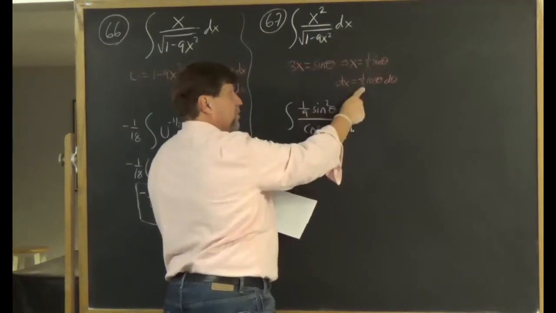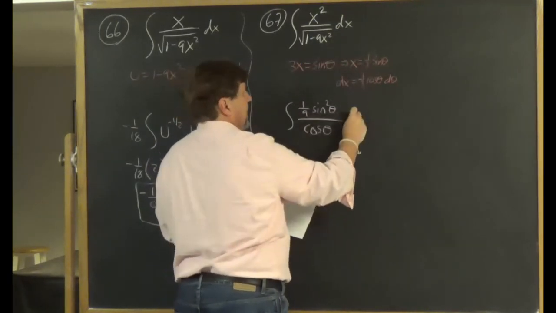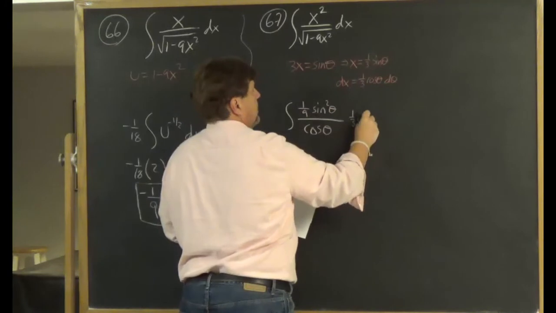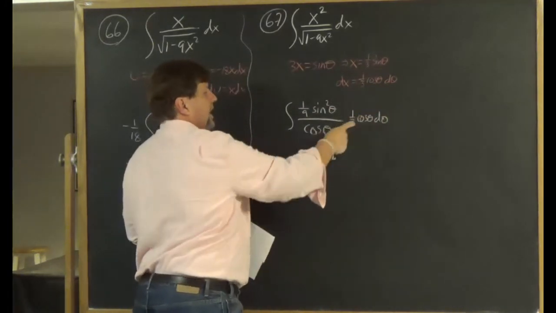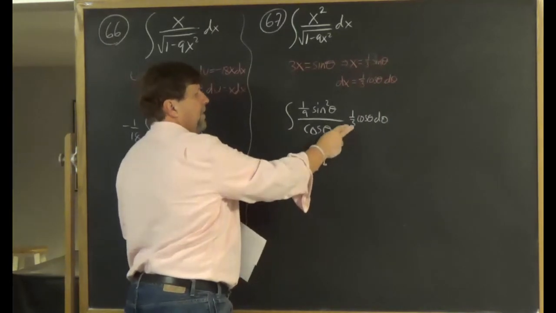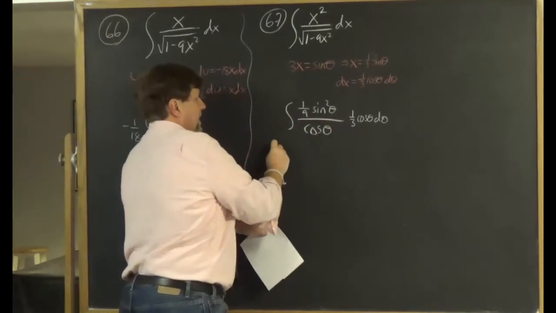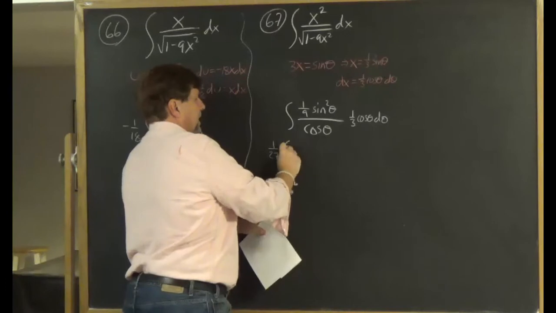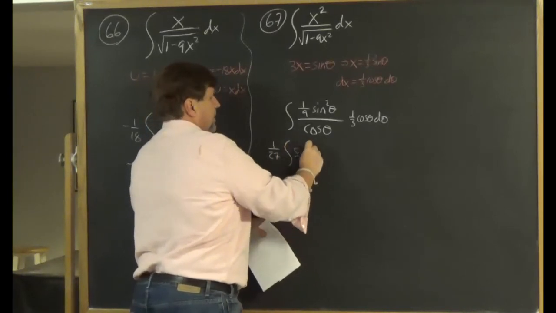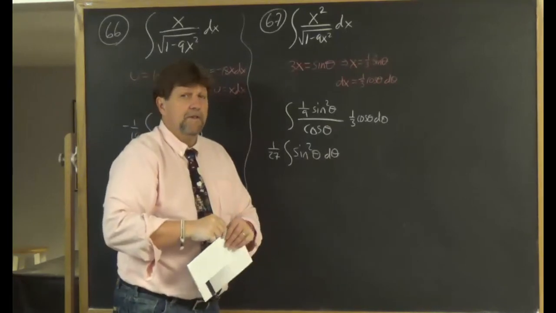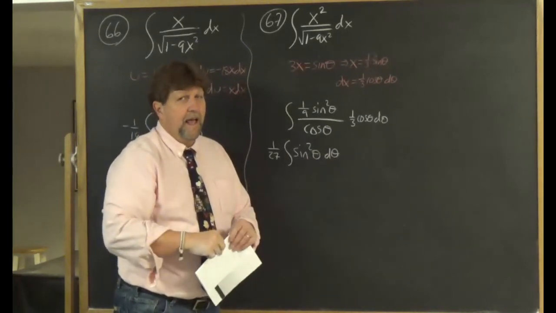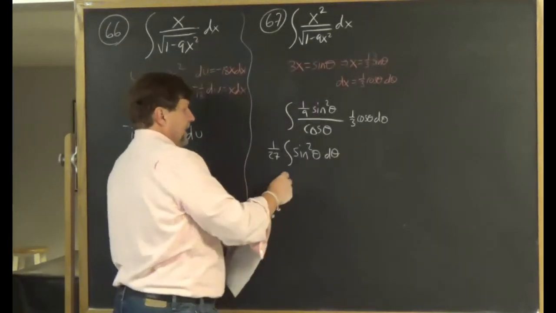The dx is 1/3 cosine theta d theta. So the cosine thetas cancel out. The 1/3 times 1/9 is 1/27. Let me go ahead and rip that out front of the integral. And you're just left with sine squared theta d theta, which hopefully you're saying, I know how to attack that, use the power reducing identity.